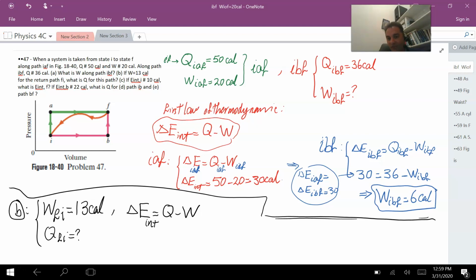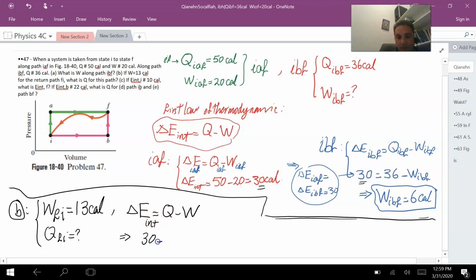It doesn't change. Your total energy in the system is constant. Therefore, what we have here, delta E, I'm going to substitute it as how much we got. It's 30, correct? It is 30.